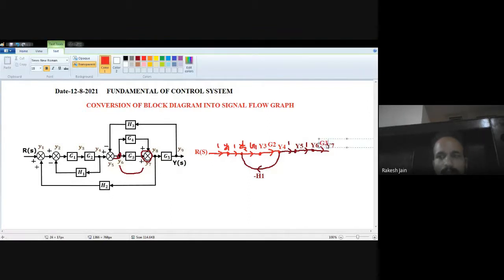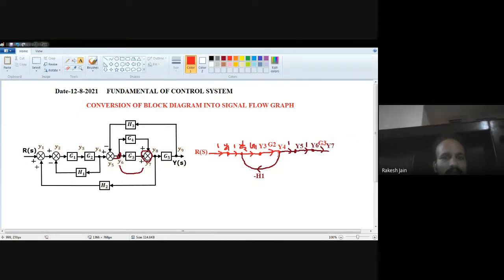So this arrow value, that is the gain, is g3. Whenever a block is coming, we write down the block as a gain. Also from y6 towards the direction of y7, another block is coming, and the value of the gain is g4.